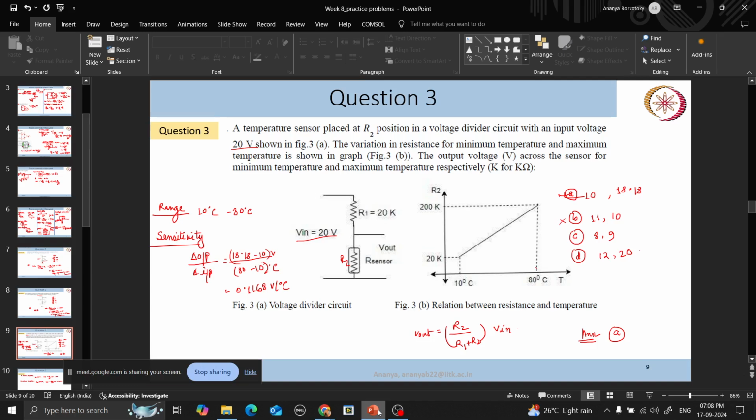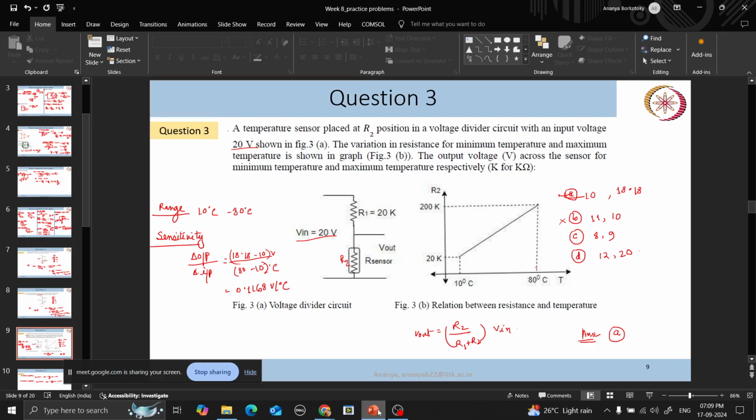But if the circuit is given, and you want to decide what R1 value should be a proper value for your sensor system, not just for the sensor, then you can do the calculation like this, delta V by delta T, and whatever gives a good range of output voltage, you can decide your R1 value based on that.